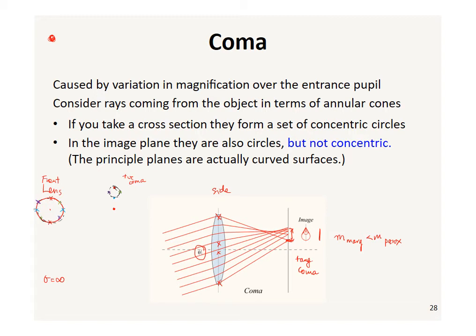And then as we look at rays going through smaller and smaller circles, they are imaged as smaller and smaller circles that are translated more closely towards the paraxial image. This angle, by the way, is also always 60.